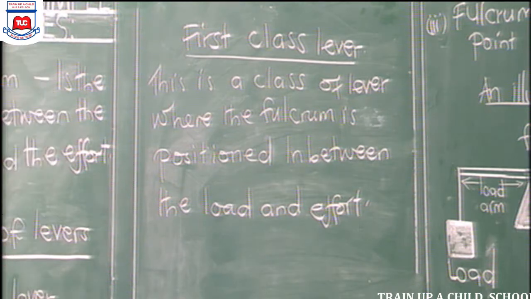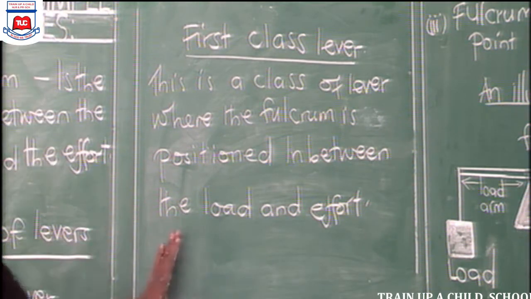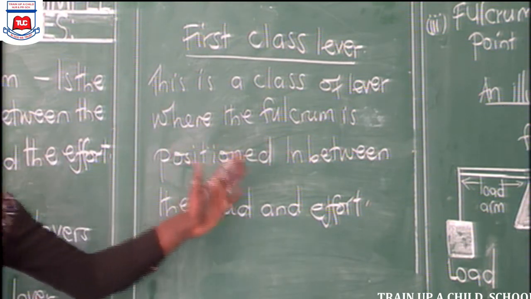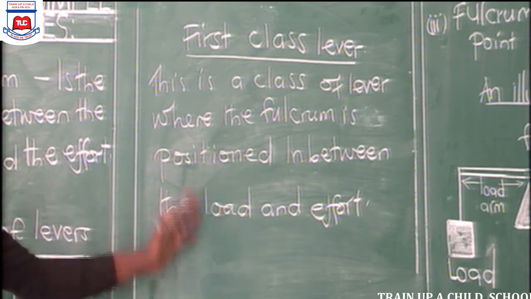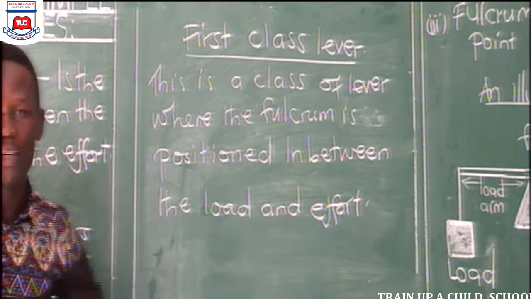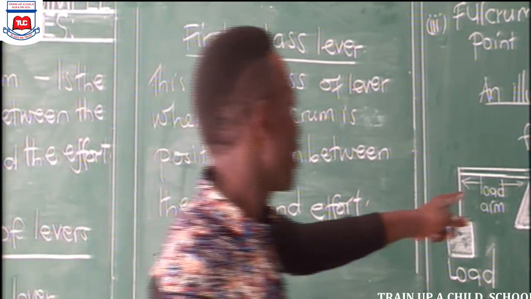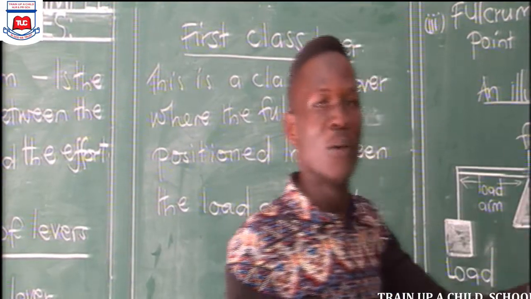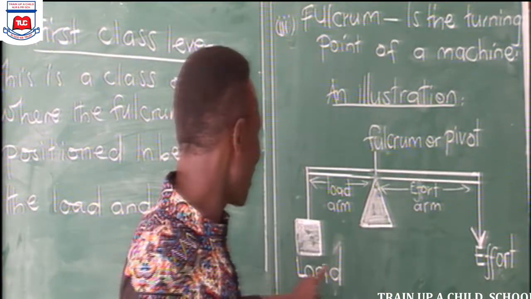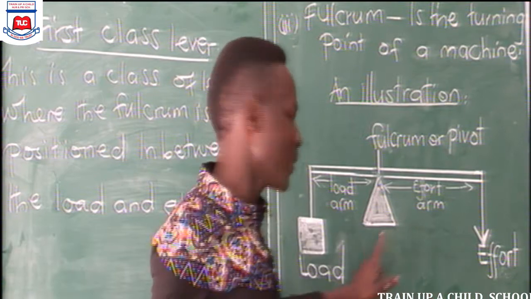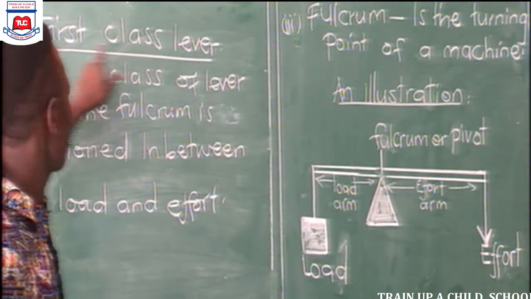So this is the definition of the first class lever. We said this is a class of lever where the fulcrum is positioned in between the load and the effort, where the fulcrum is found in between the load and the effort. So this is the meaning of the first class lever.